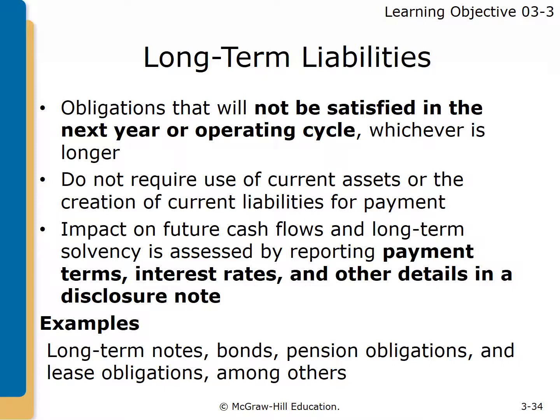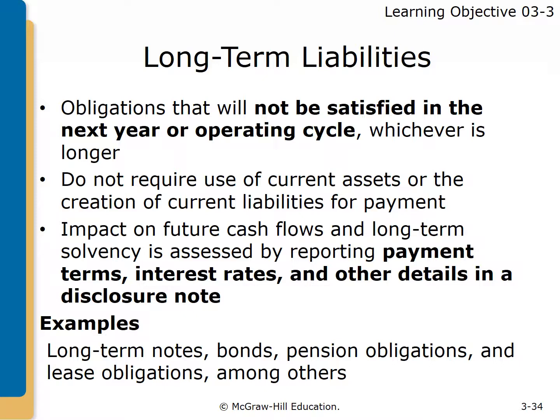Long-term liabilities is your other category. These are obligations that will not be satisfied in the next year or operating cycle, but beyond. And you're not going to use current assets or create more current liabilities to pay them. Okay, so we categorize these as long-term.